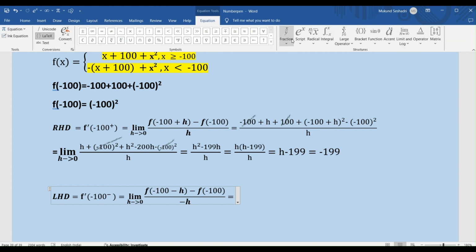Let's further expand the first part of the numerator. So I have my expression as minus of x plus 100, right? And when I do that, I do a minus 100 minus h because I'm substituting my x by minus 100 minus h. And then I have my plus 100. And then I have my minus 100 minus h the whole square, right?